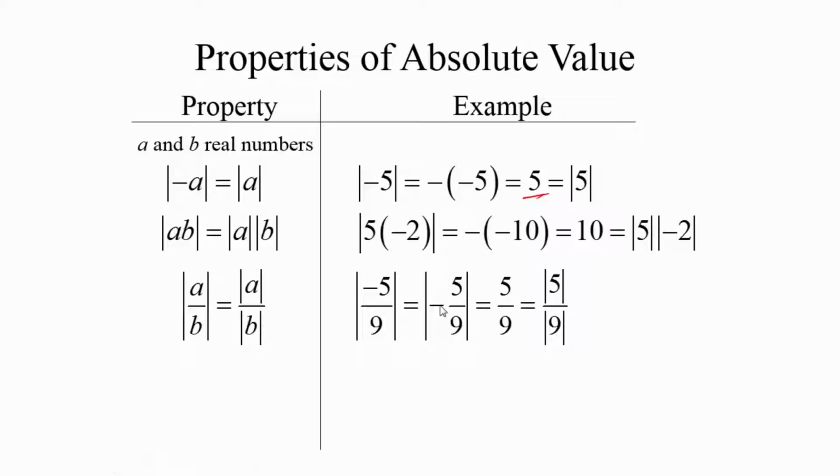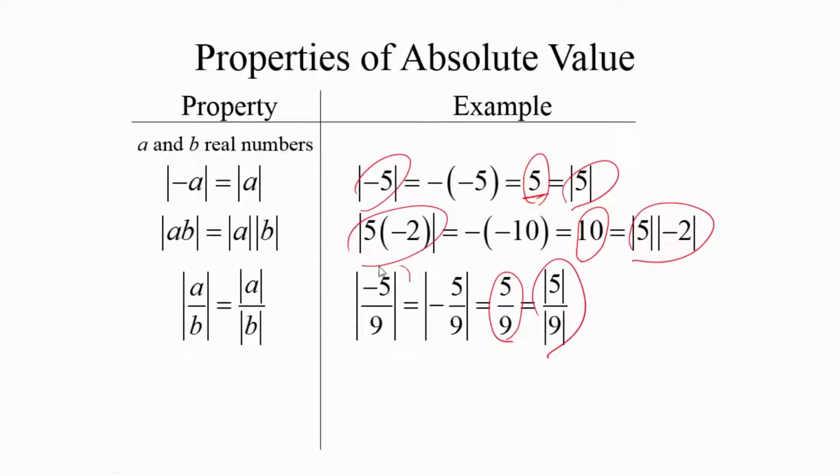So when you take the absolute value of it, it will become positive, is 5/9. And that is the absolute value of 5 over the absolute value of 9, which is also 5/9. Again, the key to these that makes these the same is this number. Either one of them end up being that number.